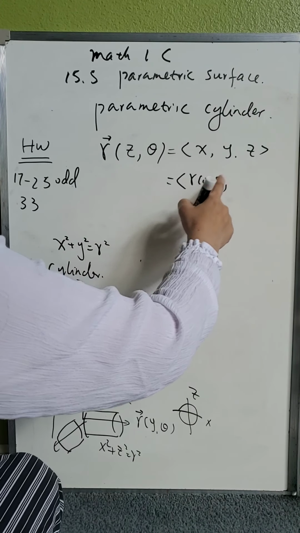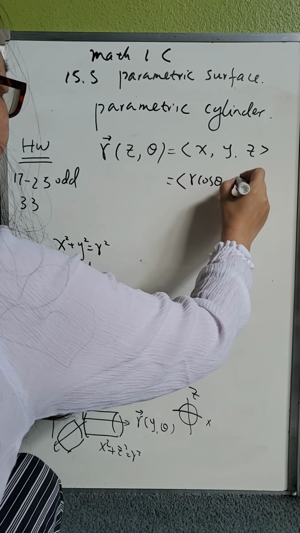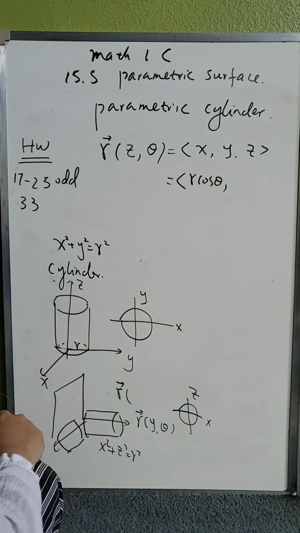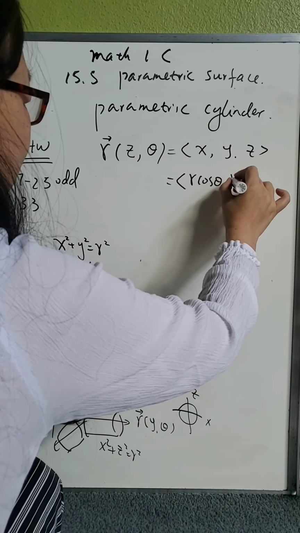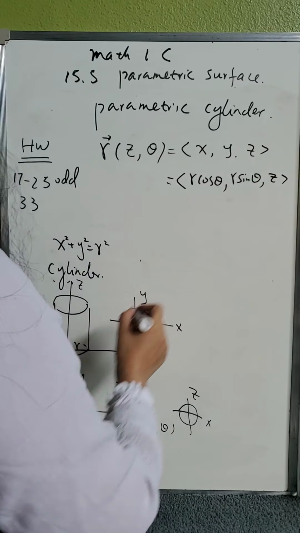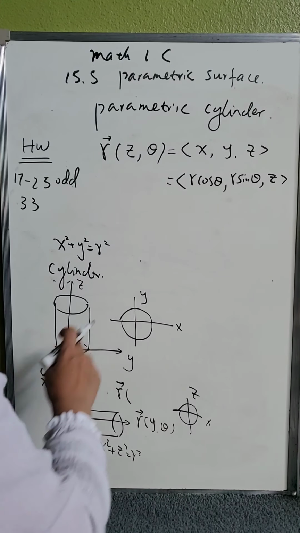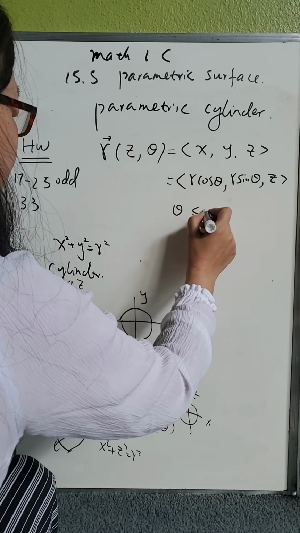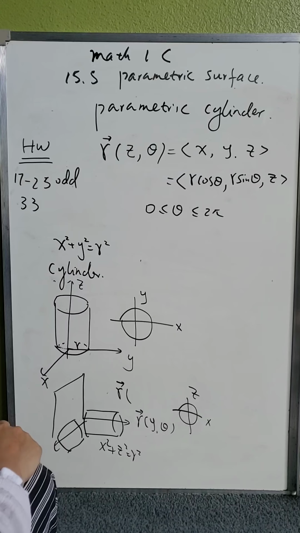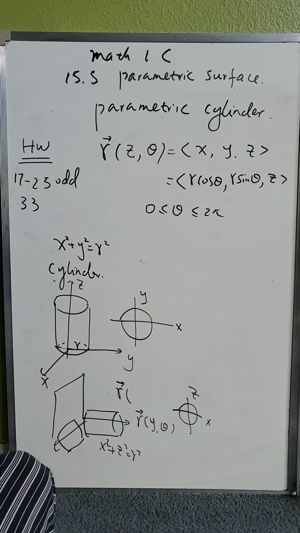And your y is the same as in polar coordinates. All parametric equations are the same here. So you have r sine theta, and then you keep the z here. And your theta cannot be more than 2 pi, of course. That is for the parametric cylinder.